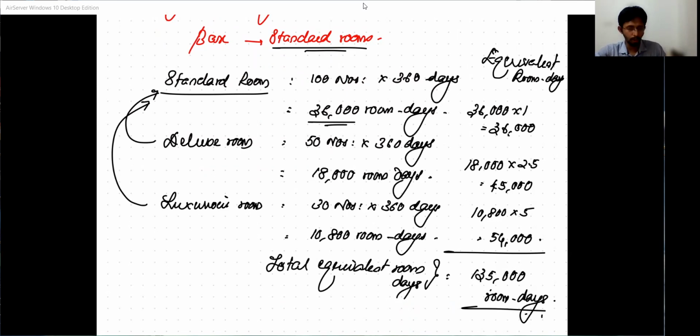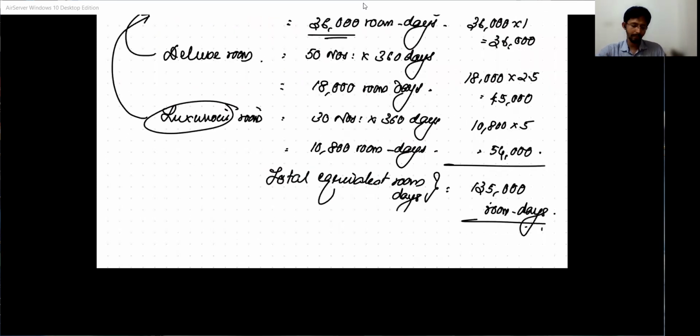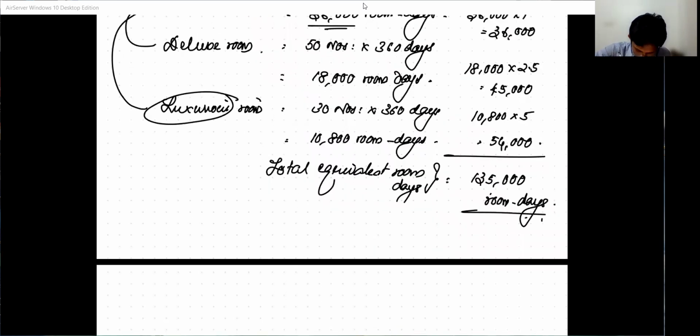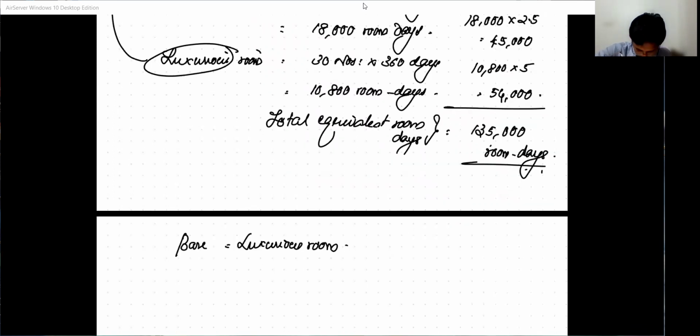Now you can do the reverse also. You can convert standard room and deluxe room in terms of luxurious room. That also can be done. So let's see how it can be done. So we are taking the base as the luxurious room. So you have standard, 36,000 room days.